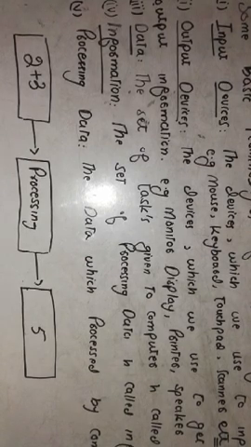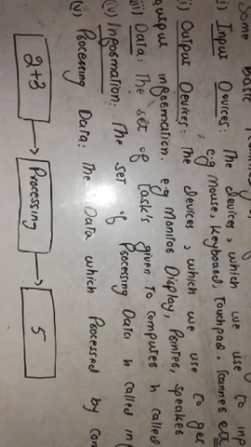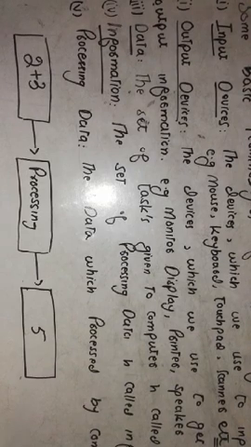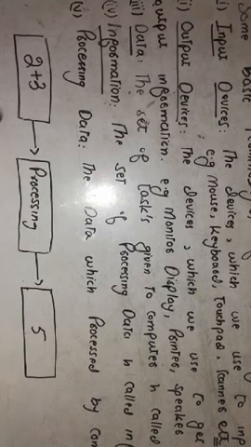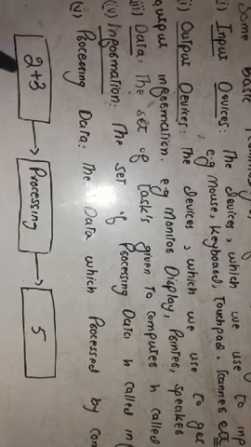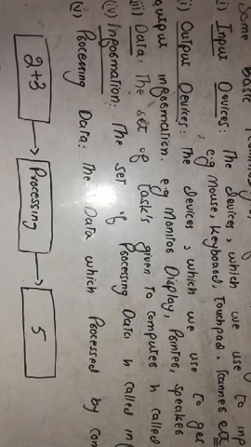If you write 2 plus 3 on a calculator and press the equal sign, then the 2 plus 3 data is processed and the calculator shows the answer 5. So 2 plus 3 is the data. When 2 plus 3 is processed by the calculator, this is called the processed data.